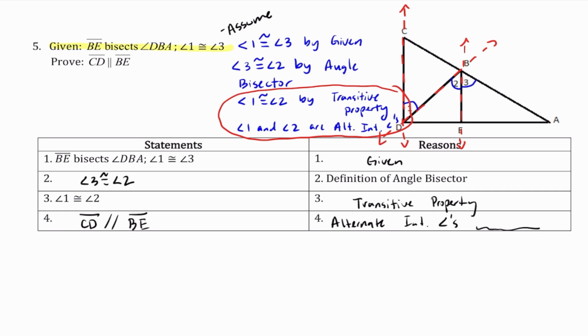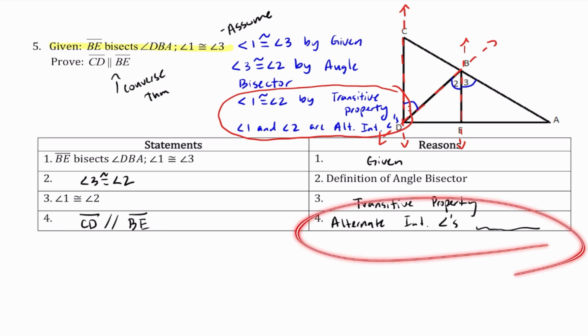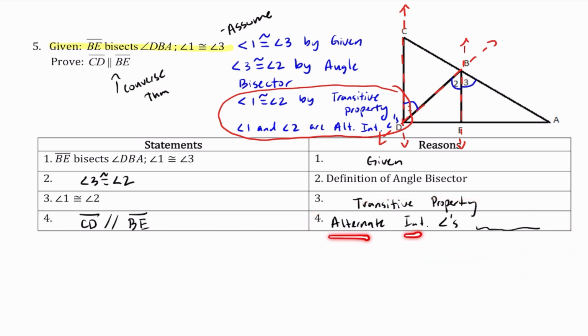Now remember, if you're trying to prove lines parallel or segments parallel, you have to use one of the converse theorems. So in this case, our last reason should be the alternate interior angles converse. And now you are done with the proof.